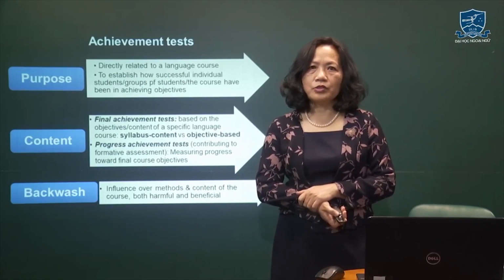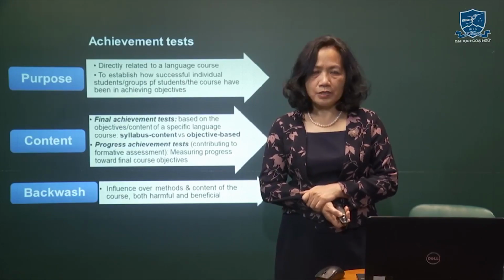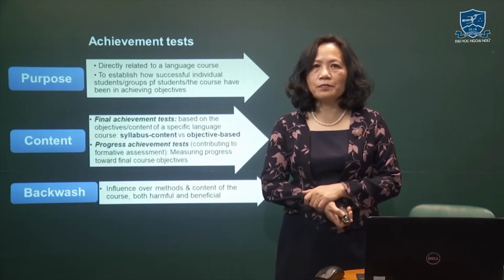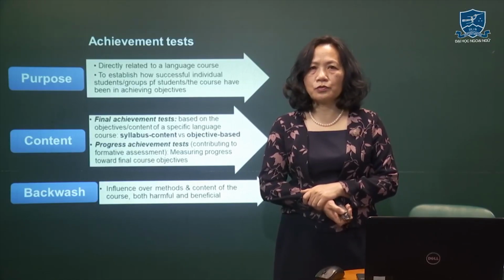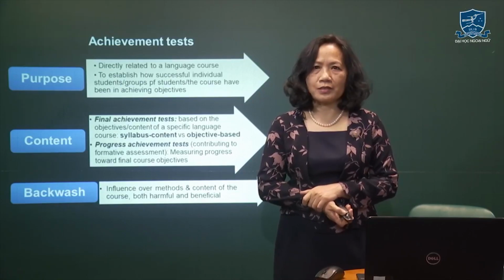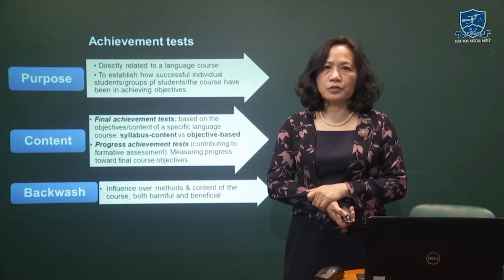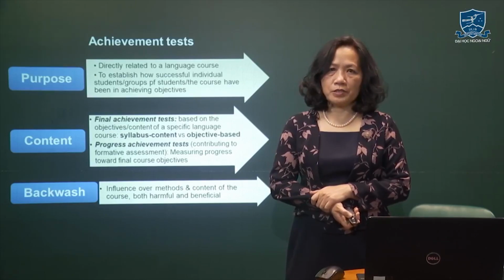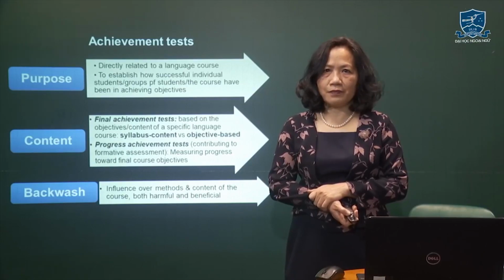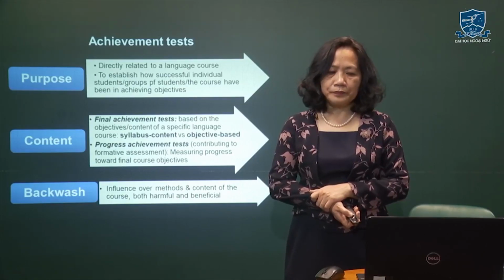For the final achievement test, there are two approaches to develop or construct the test. First, we can use the syllabus as a basis for selecting the content of the test.